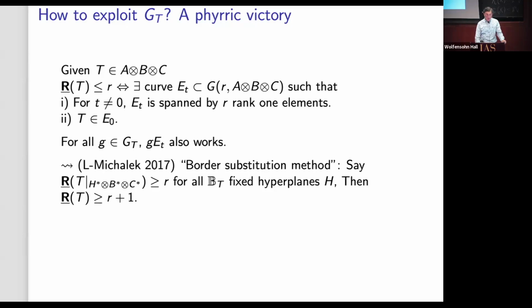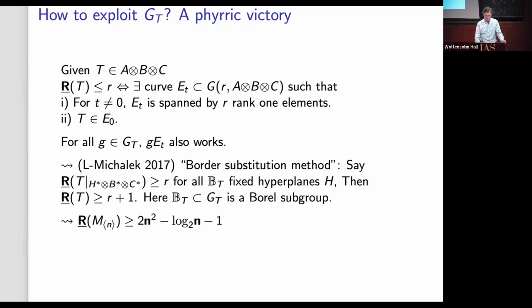With this use of the Borel fixed point theorem, it's still 2n squared in the front, but now we're down to log n instead of n. And it was so depressing because we knew this was the end of the line for our techniques. I was thinking it's time to start looking for a different question to work on.